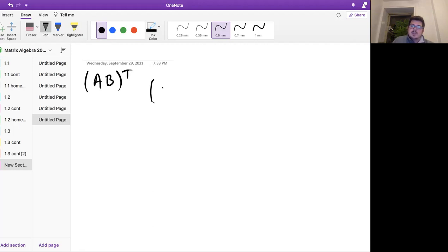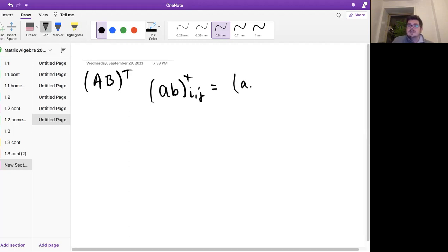We have (AB)^T ij, which is what in terms of the coordinates of AB? What do you do to the rows and columns in the transpose? Ji. And now let's say what the formula for the jith entry in the product AB is.